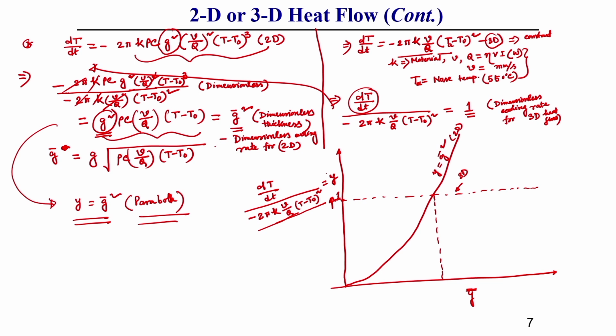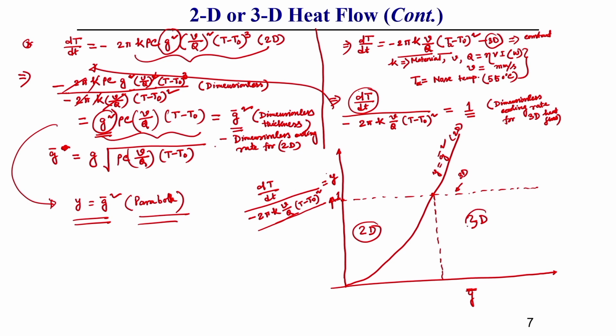Now, from this, one thing you can observe is where the 2-dimensional and 3-dimensional curves cross. The left side of the crossing is where the 2-dimensional cooling rate equation is valid, and the right side of the crossing point is where the 3-dimensional cooling rate is valid.